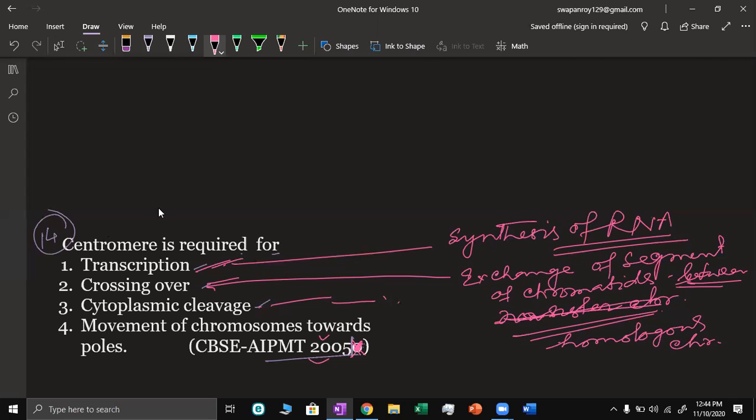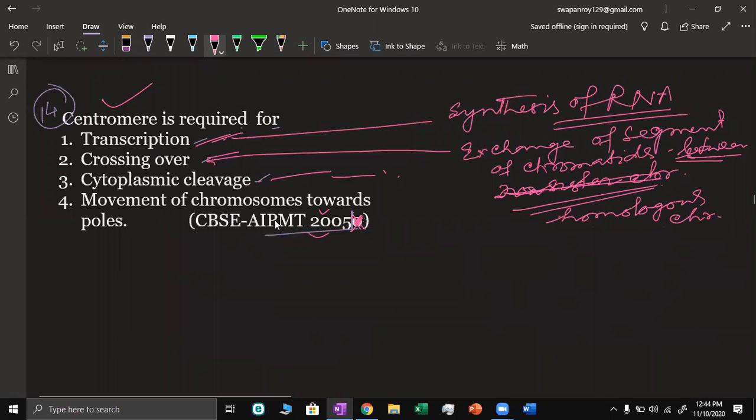The centromere is required for the movement of chromosome towards the pole.